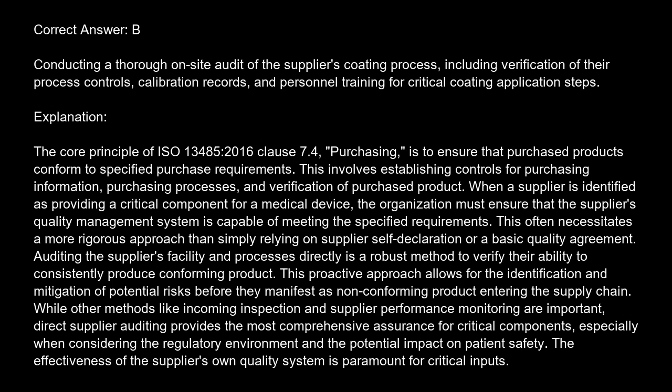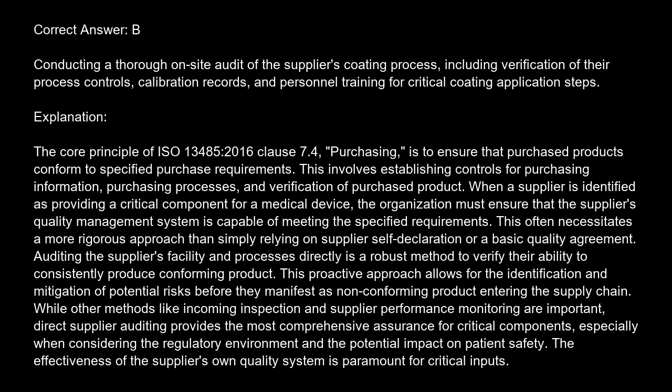When a supplier is identified as providing a critical component for a medical device, the organization must ensure that the supplier's quality management system is capable of meeting the specified requirements. This often necessitates a more rigorous approach than simply relying on supplier self-declaration or a basic quality agreement. Auditing the supplier's facility and processes directly is a robust method to verify their ability to consistently produce conforming product.